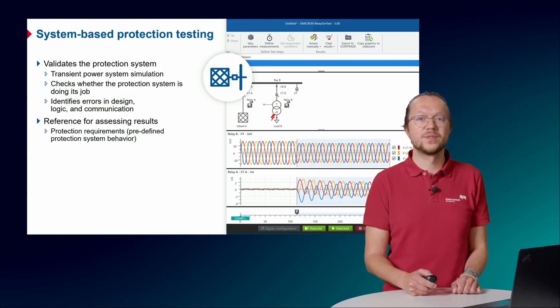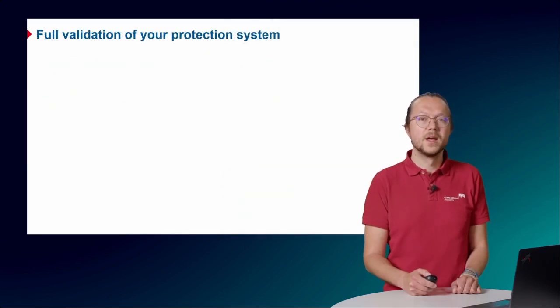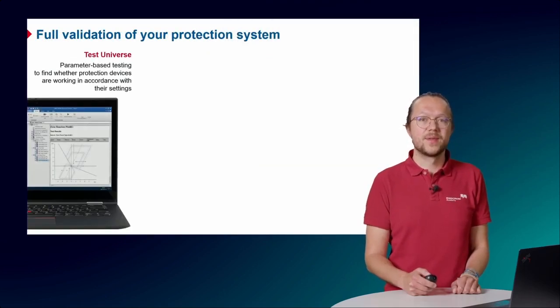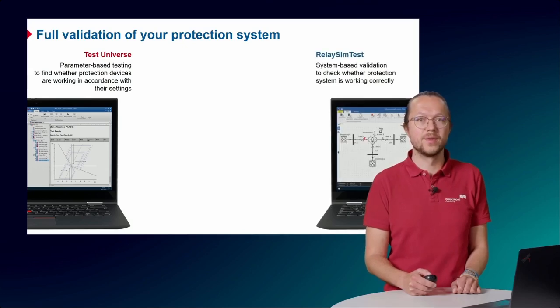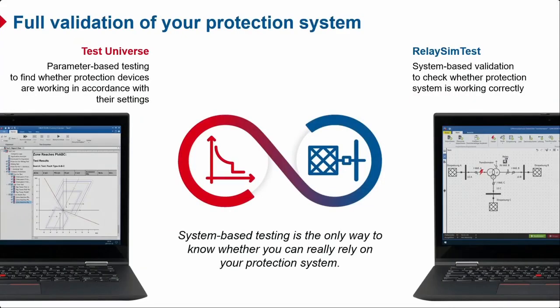Therefore, we can identify errors in not only the setting of the relay, but also in the logic in the relay and the communication and interaction with other devices. The maximum of testing depth can be achieved by using both variants, the parameter and system-based testing approach.